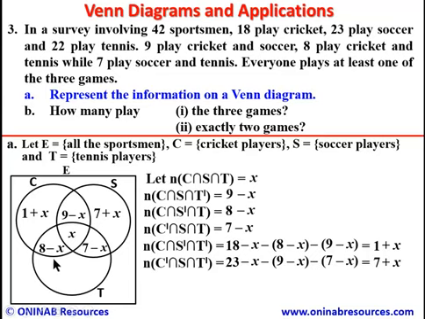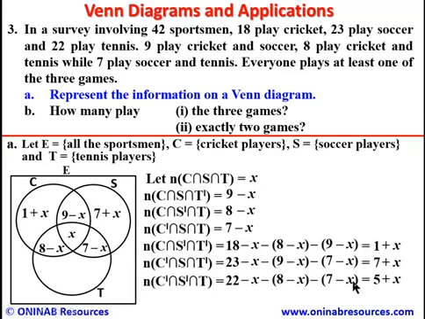Those playing tennis only, that is N of C prime intersection S prime intersection T. How many of them play tennis? 22. So that's going to give us 22 minus X minus 8 minus X minus 7 minus X. If you simplify correctly, we have 5 plus X, which comes to this region.